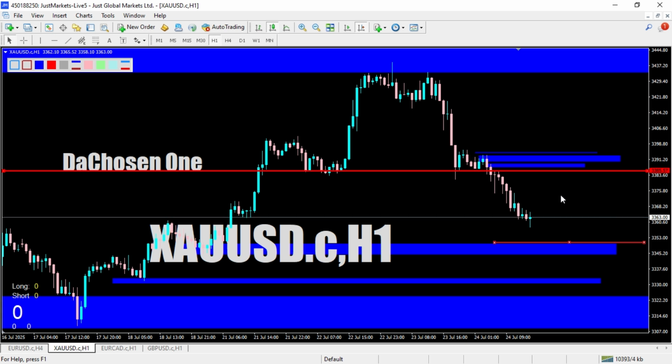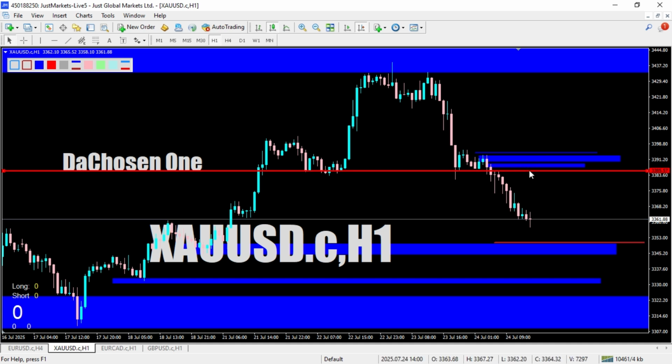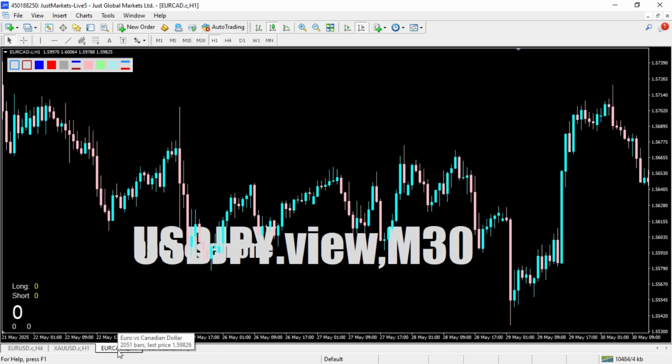Our R here is 1 is to 5, 1 is to 5 RR. So we're going to exercise this area and then continue and move it back to the downside. And let's move on to the next here, which is EuroCAD.